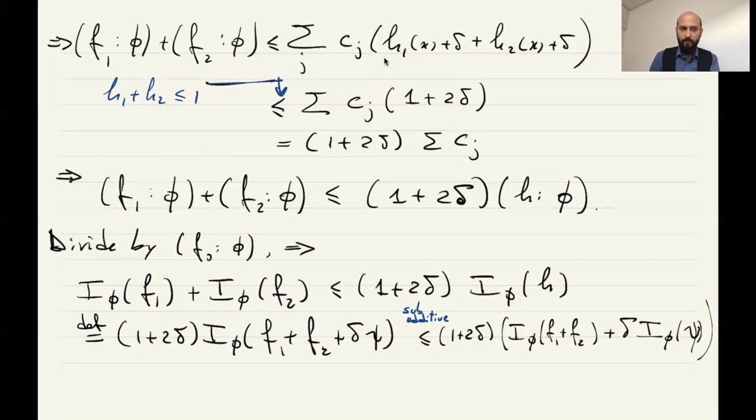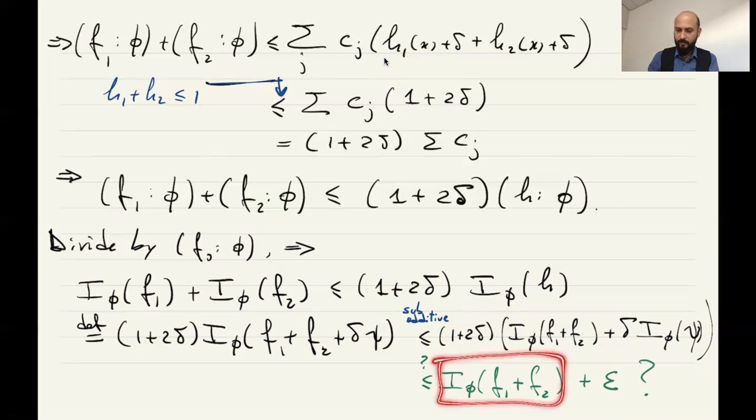Okay, now we can conclude, right? So this object here, see, there is this term that is what we want to bound. So what we're asking is whether this is less than I_phi of (f1 plus f2) plus epsilon, right? So here we have this term times 1, and the rest we have to make infinitesimal.